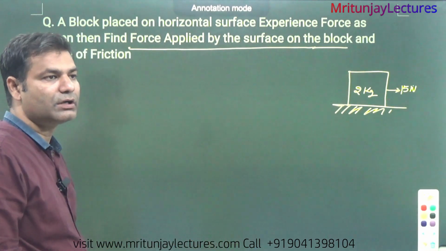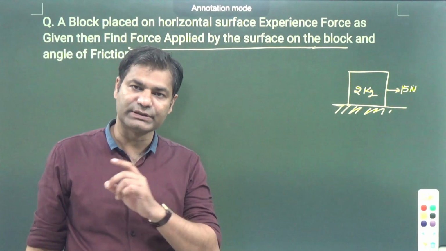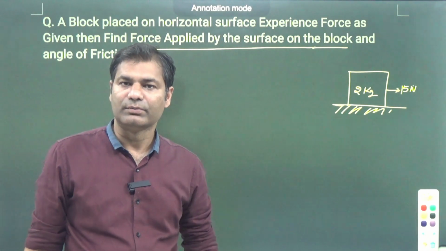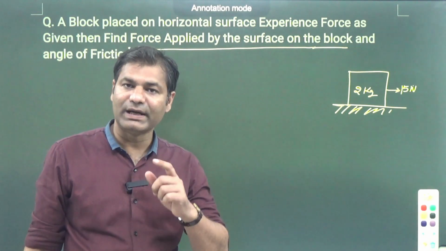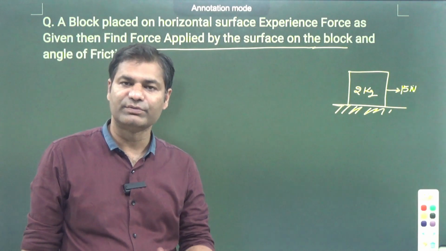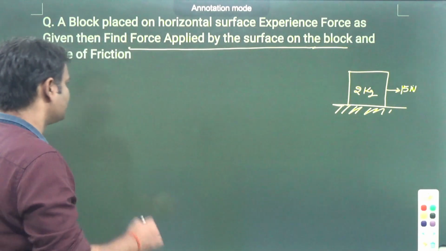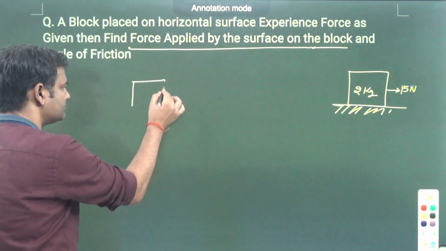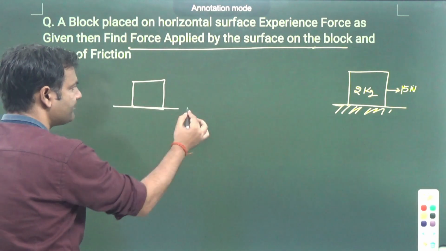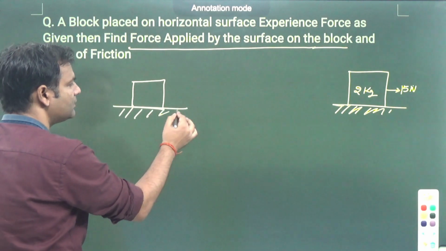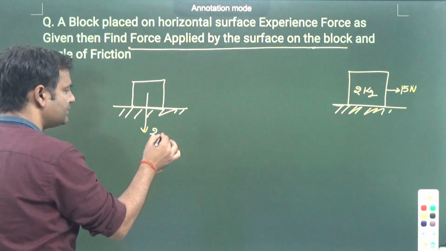The block and surface apply two forces on each other. Which ones? First of all, make the free body diagram of that block. That is 2g.